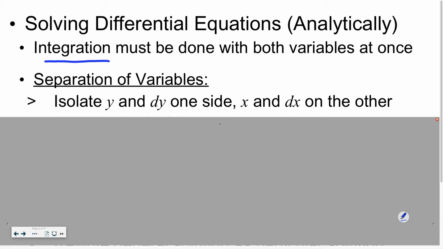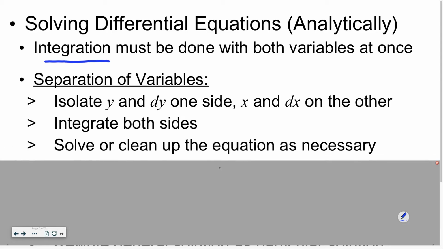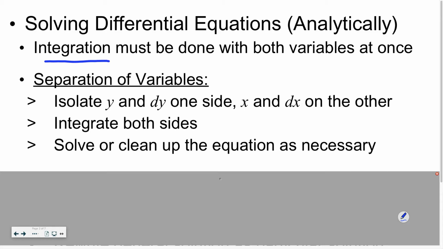Okay. Once your y and dy is together and your x and dx is together, then we can integrate both sides. We like to see equations where we solve for y. So after the integration piece, I'm going to ask you to do some algebra to clean up the equation. Solve for y. Reduce anything that can be reduced.